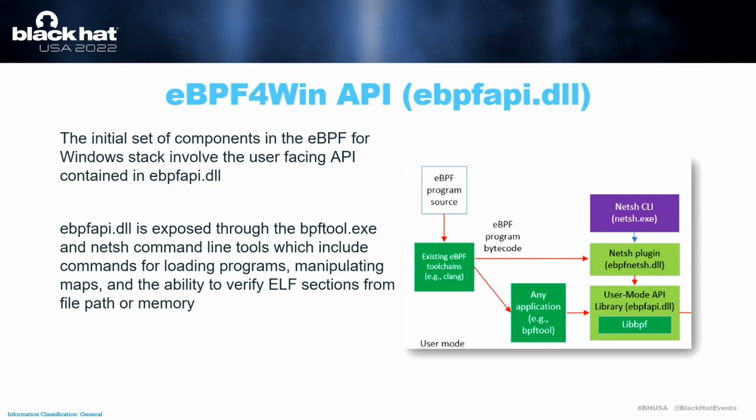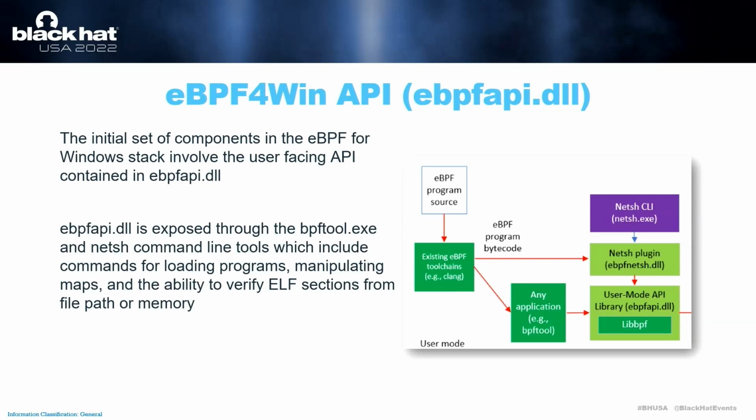So, and I am going to try to go as quick as possible here, but the first component that we're interested in is the userland API set, and that is contained in the eBPF API.dll. And basically, this is where the userland user, administrator, will be able to load BPF programs, unload, get a list of what's loaded, add maps, kind of interrogate the system in general.